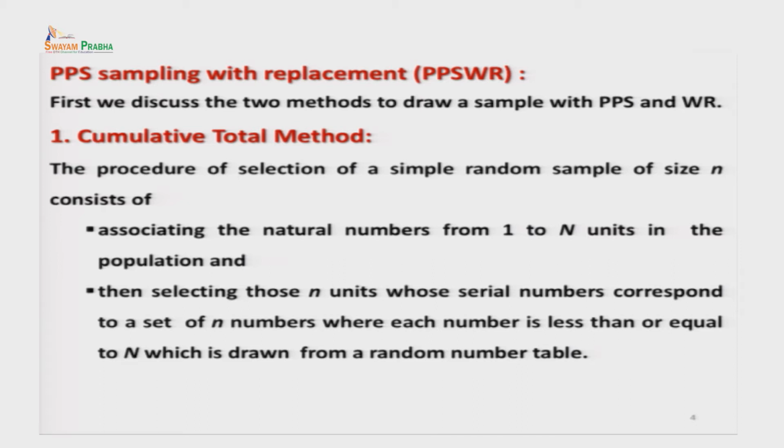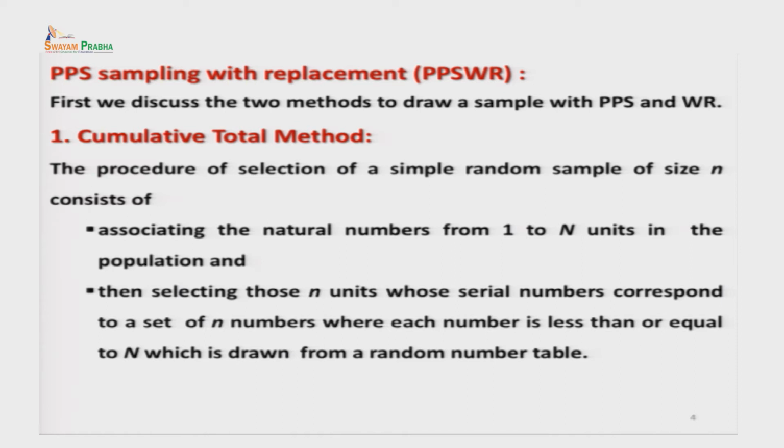One is the cumulative total method and another is Lahiri's method. Right. We will take up one by one. We will try to understand their procedure. We will try to show that the probabilities of selection of the units in each method are proportional to the size, and then we will take an example also to illustrate how you are going to compute it. Right.